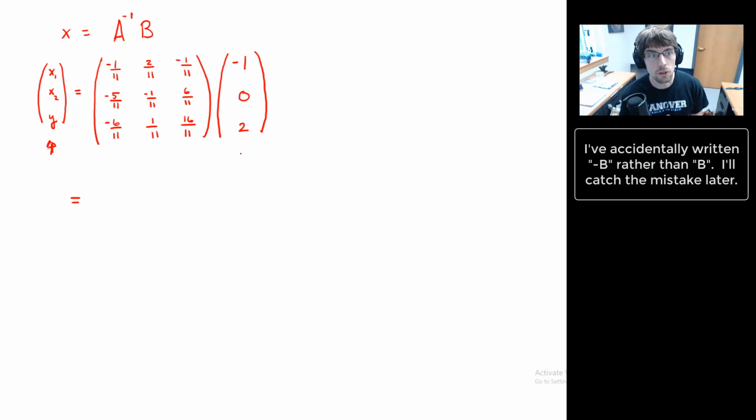Okay, so I have to multiply across the row and down the column. We have a 3 by 3 being multiplied by a 3 by 1, and so my resultant, as expected, should be a 3 by 1. It's always good to double check what the size of your final answer should be.